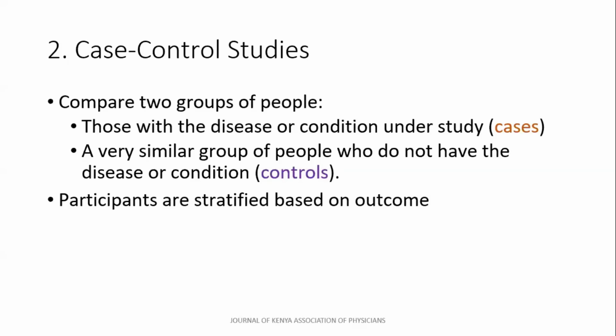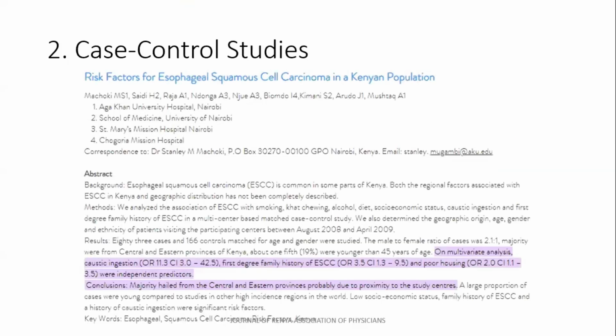So for example, one group may have been exposed to a particular substance, so maybe smoking, and the other was not. So this is an example of a case control study. It's published in Annals of African Surgery, titled Risk Factors for Esophageal Squamous Cell Carcinoma in a Kenyan Population.